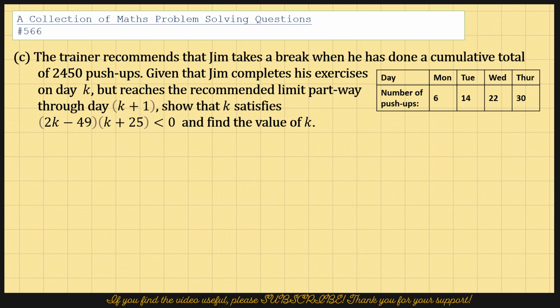The total of 8n minus 2 up to k days, the total number of push-ups for k days, will be less than 2450, because that is the cumulative total and he has not yet reached it. He is going to reach the recommended limit partway through day k plus 1. So we will make it less than 2450.